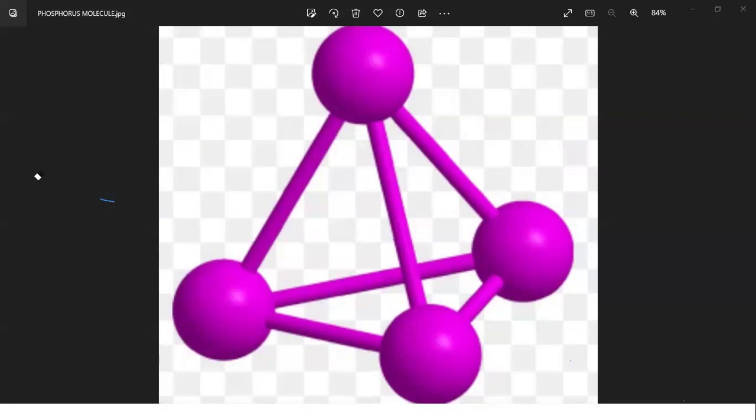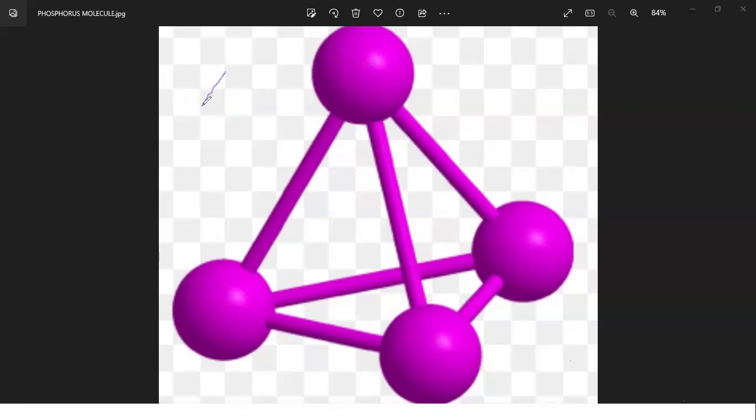Let us try to draw it here. The structure of phosphorus is always drawn in 2 dimensions like this. Very easy. Let me redraw it very well.